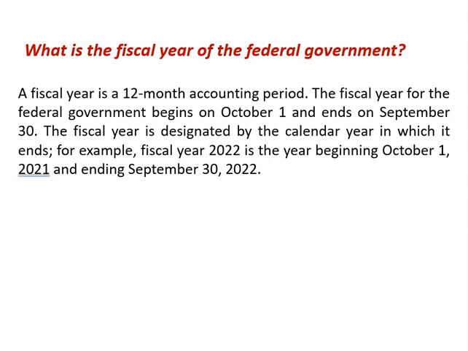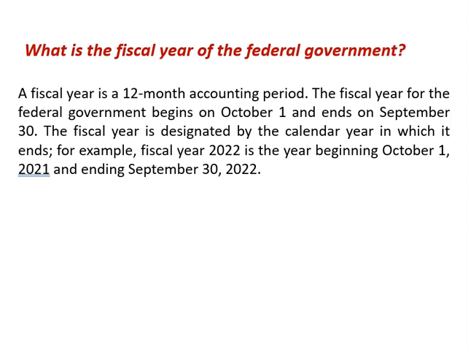What is the fiscal year of the federal government? A fiscal year is a 12-month accounting period. The fiscal year for the federal government begins on October 1st and ends on September 30th. The fiscal year is designated by the calendar year in which it ends.